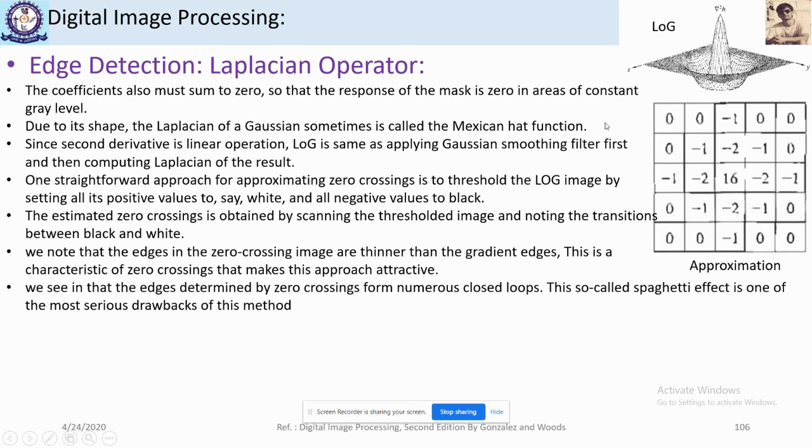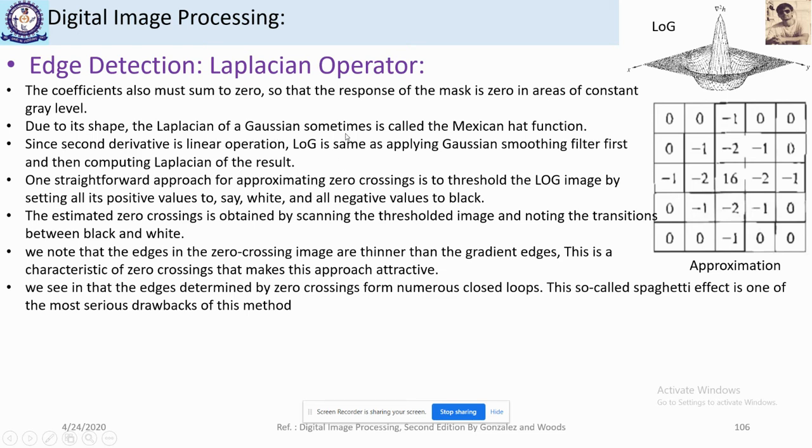So to implement LoG, we need not apply this directly. We can apply a Gaussian smoothing filter first, and then compute the Laplacian of the result. That is possible because the second order derivative is a linear operation.